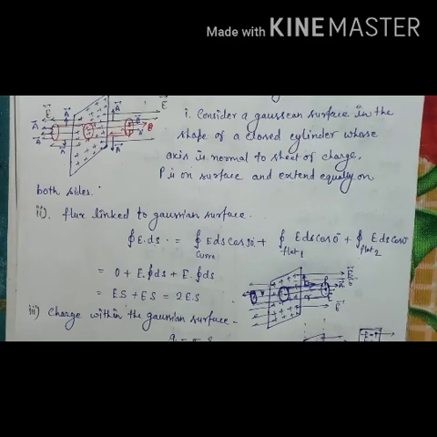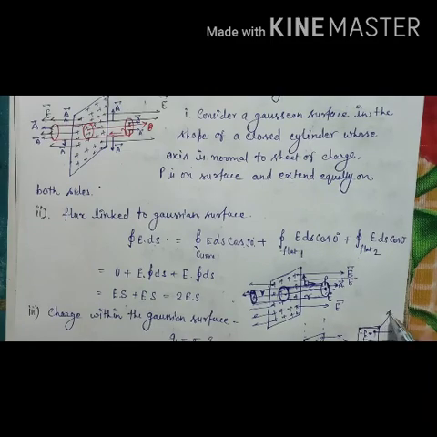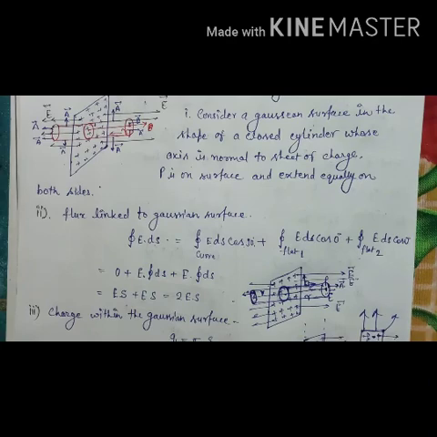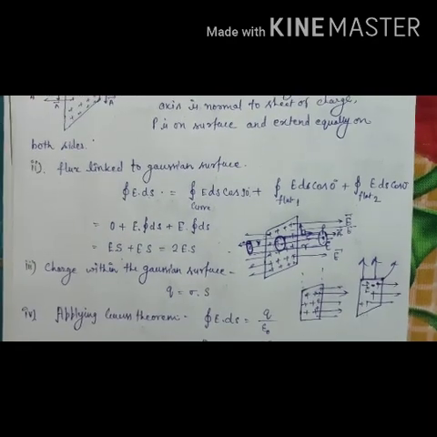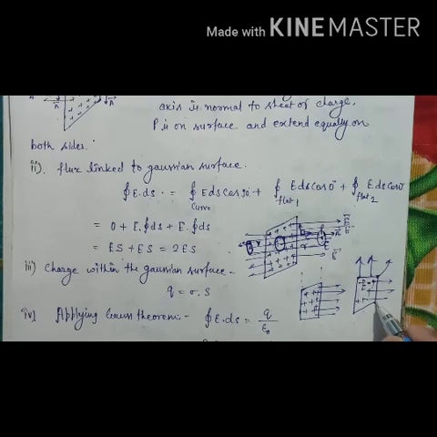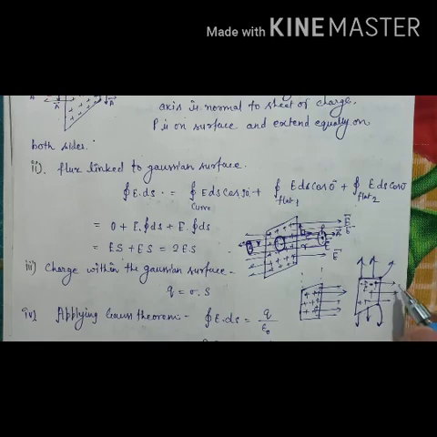Here it is in this direction, but for this corner the electric field lines are in these directions, and for this corner the electric field lines are in this direction and in this direction.